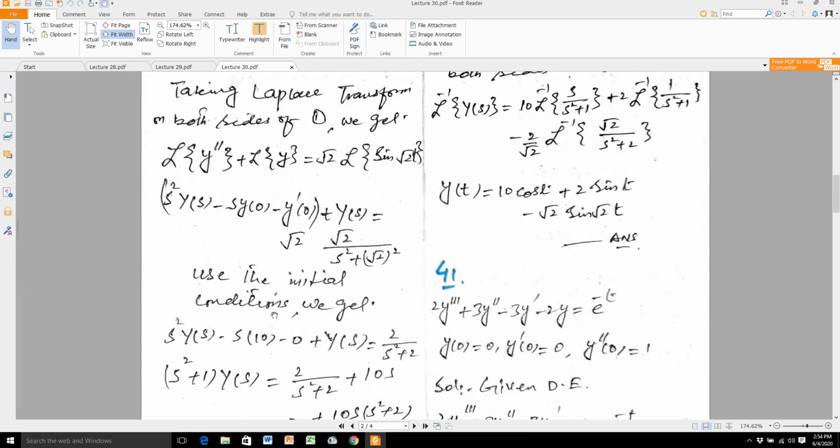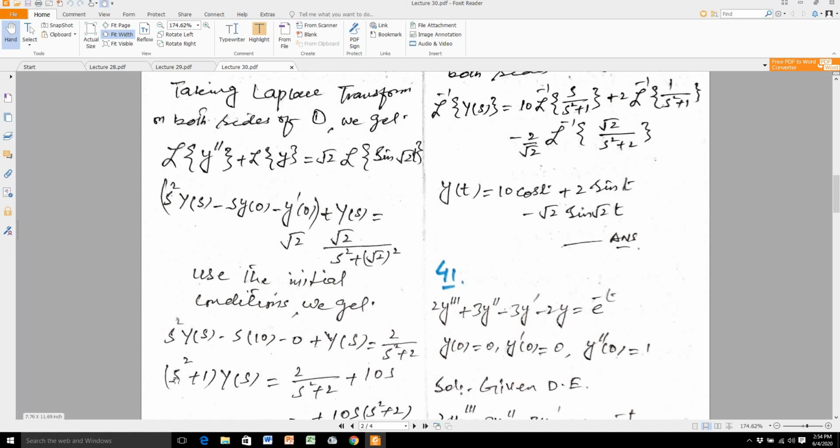Our second step is using the initial conditions. When we use the initial conditions in this equation, we get s square capital Y of s minus s into 10 minus 0 plus capital Y of s is equal to 2 over s square plus 2.